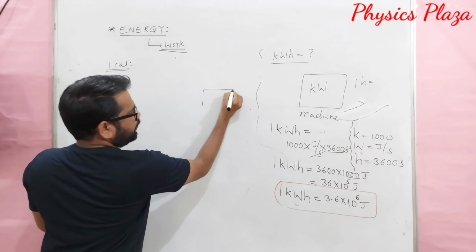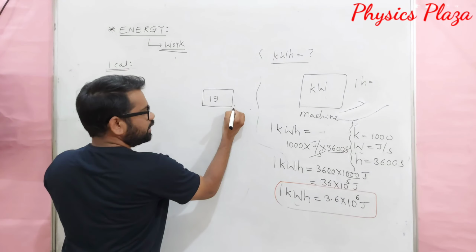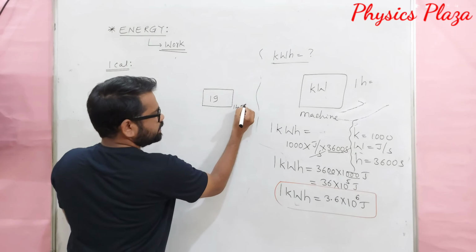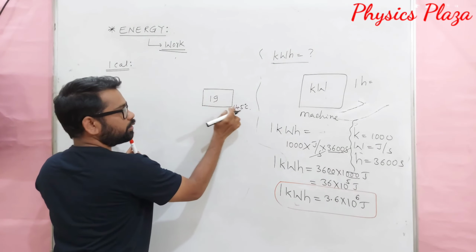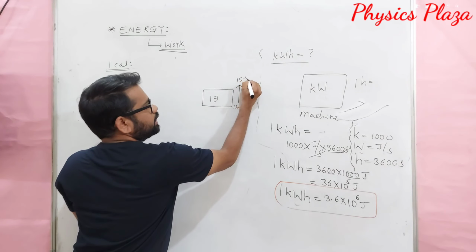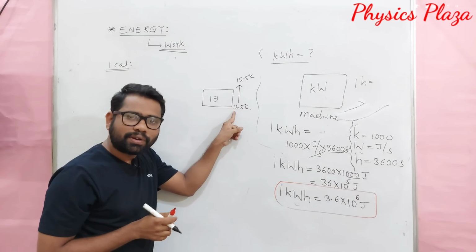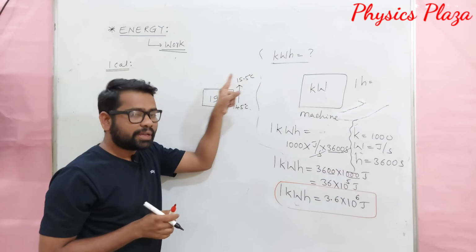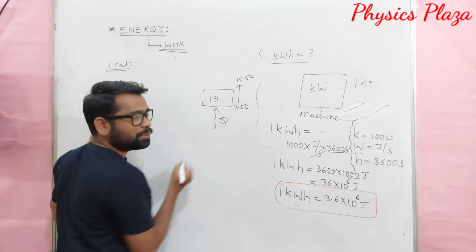Children, here is 1 gram of water. Initially it is at 14.5 degrees Celsius. If you want to raise the temperature of 1 gram of water from 14.5 degrees Celsius to 15.5 degrees Celsius, some amount of energy, that is heat, should be supplied.